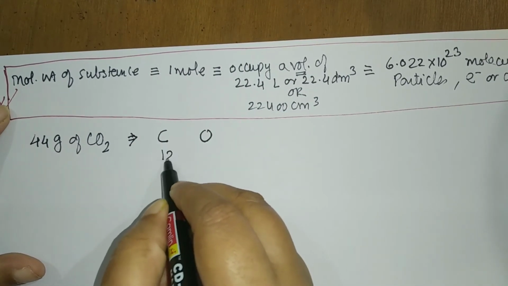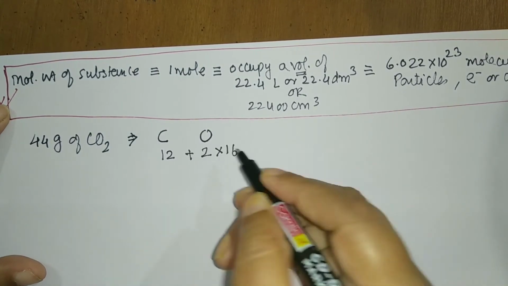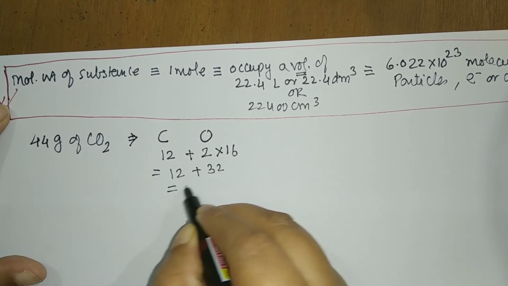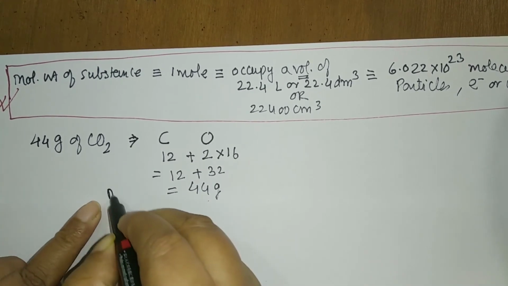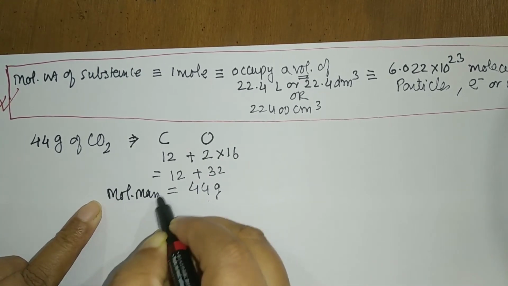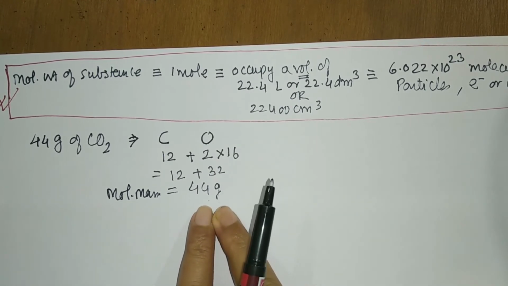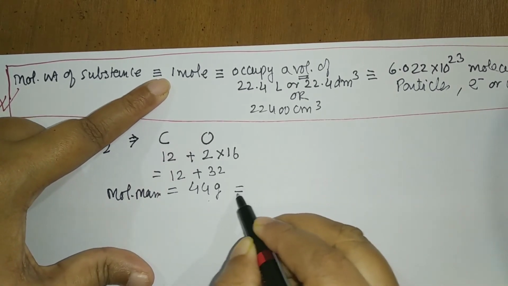So, carbon is 12 plus 2 into 16. So, this will give me 12 plus 32, which comes to 44 gram. So, this is the molar mass of CO2. CO2 molar mass is 44 gram. So, when I take 44 gram, I am talking about 1 mole of carbon dioxide.